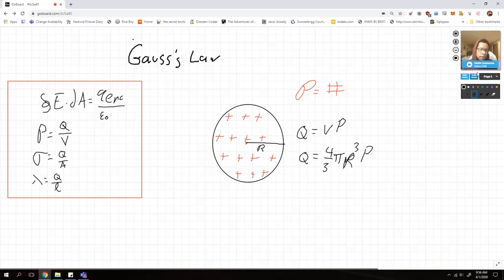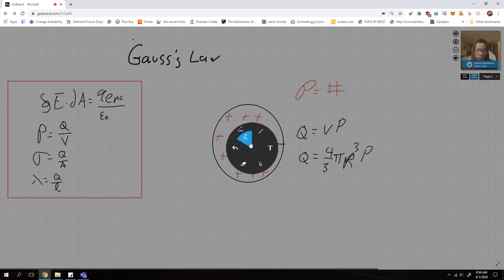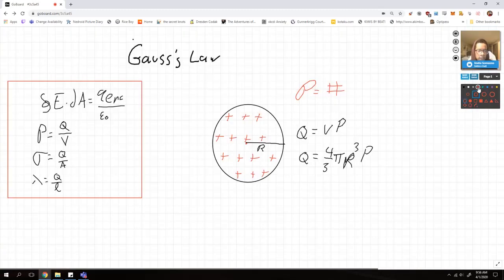Again, you may ask, why is that important? Well, because I need to solve for the electric field somewhere inside this sphere, at a smaller radius than the actual sphere.